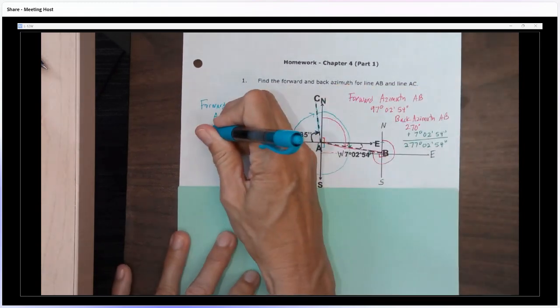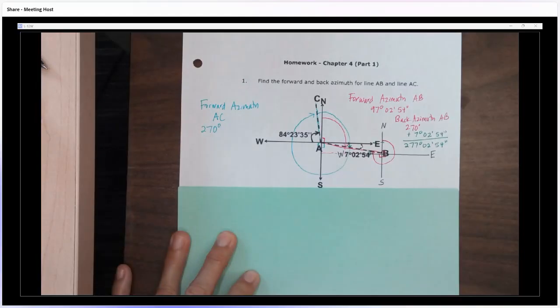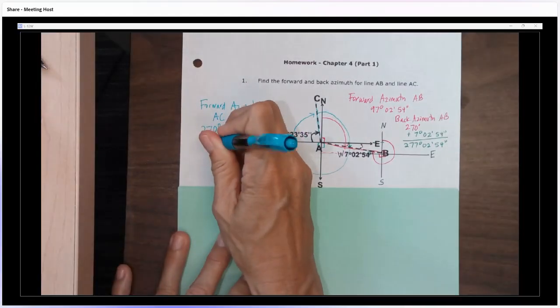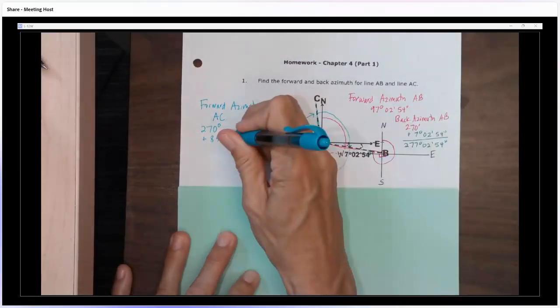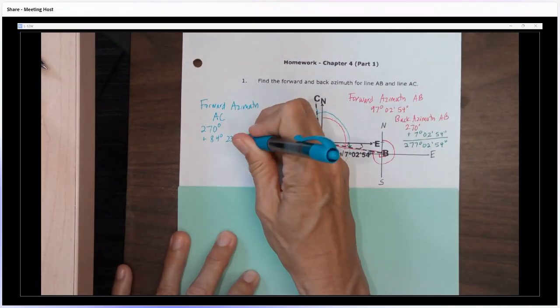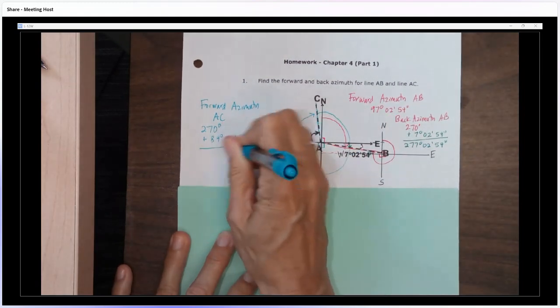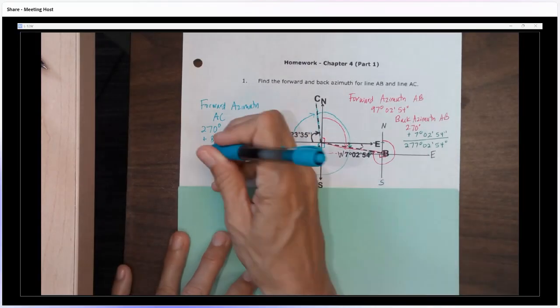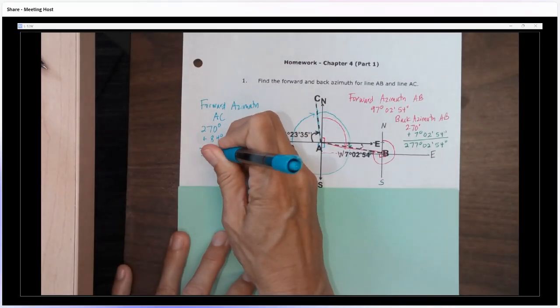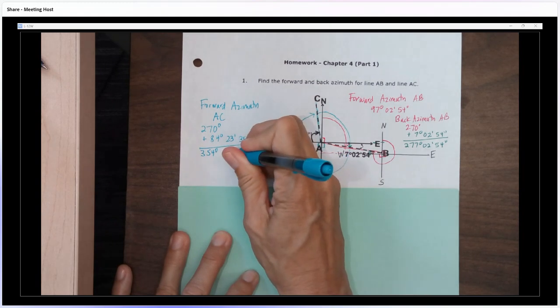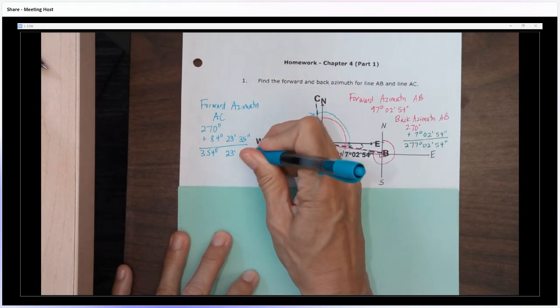So again, we'll have the 270 degrees and now plus this 84 degrees, 23 minutes, 35 seconds. And so that comes out to be a total of 354 degrees, 23 minutes, 35 seconds.